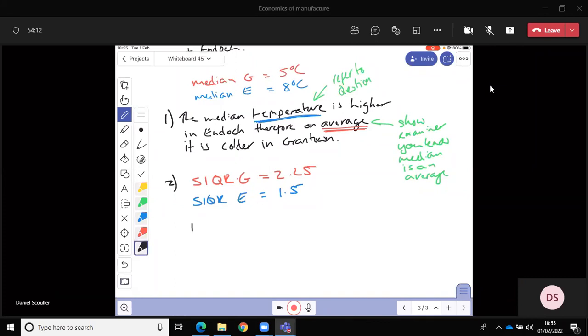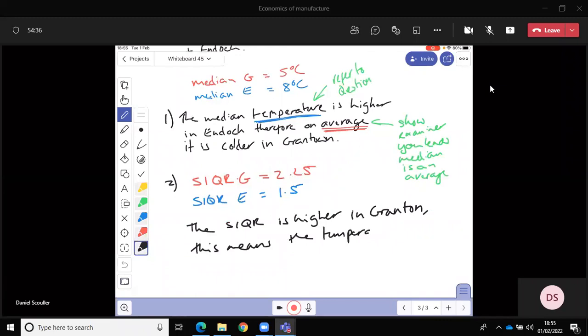So the SIQR is higher in Granton. This means, and that's the important bit, this means the temperatures, referring to the question, the temperatures are more spread out than in Endok.